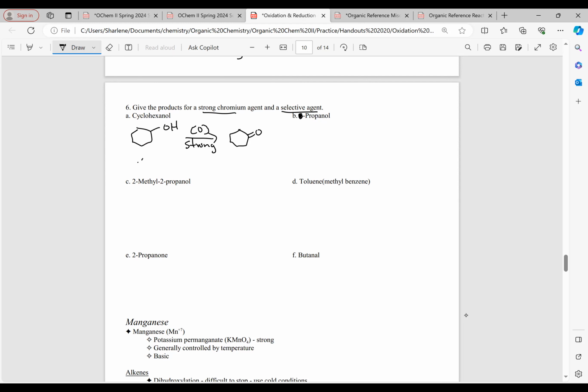If we use a selective one, PCC or Swern, we're also going to get cyclohexanone. All right, so I give you just a few to practice with right there.